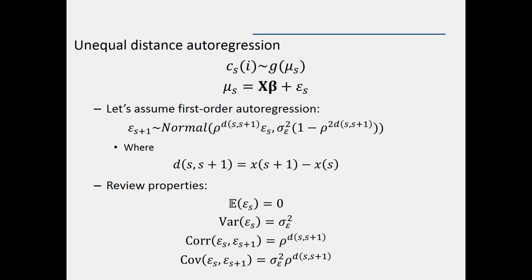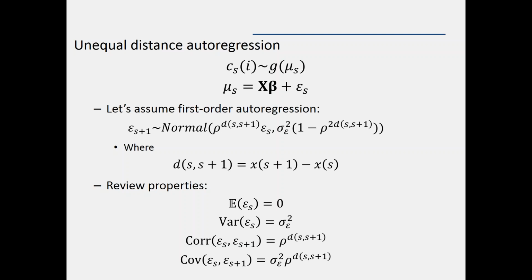I'm not going to try to derive why there's a 2 in the exponent for the variance formula, but people can look it up if they want. As for the properties, the expectation, if you resampled from this process, is 0.